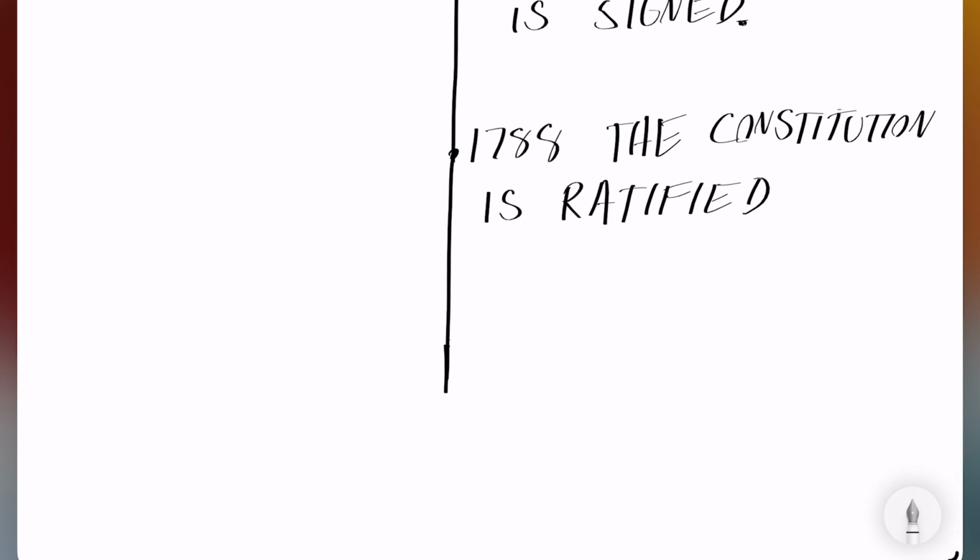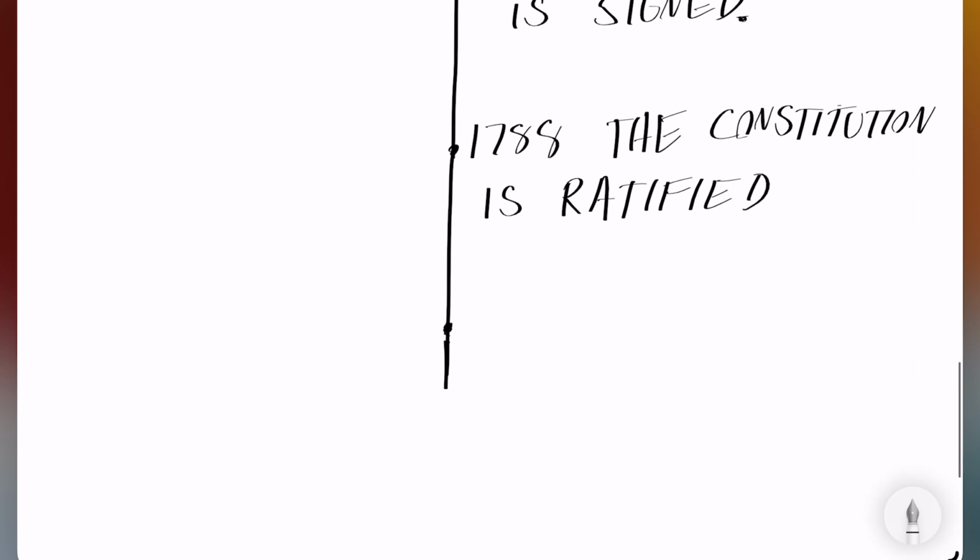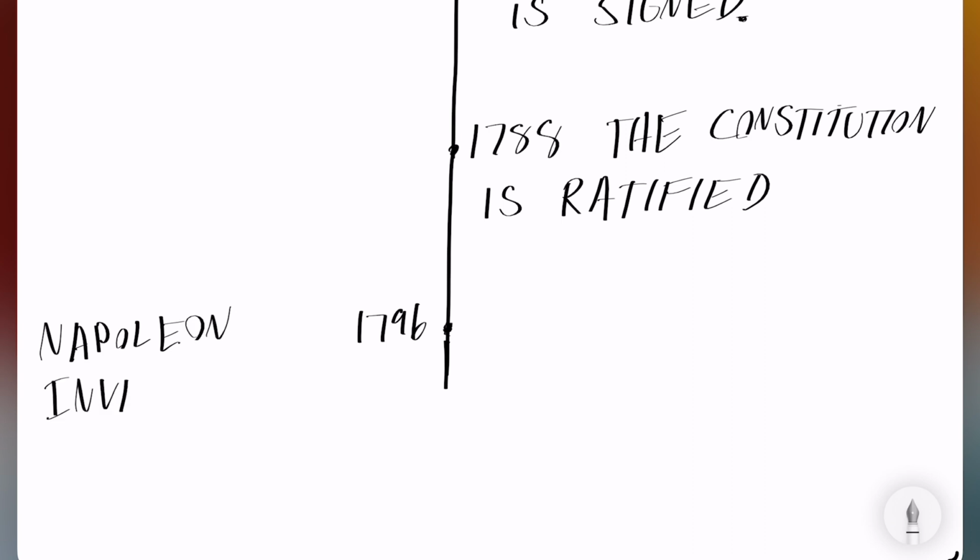So here in 1796, I want us to write that Napoleon Bonaparte, I'm sure you've heard of him before, and his French army of Italy, they invade Italy. So we will say that in 1796, Napoleon invades Italy.